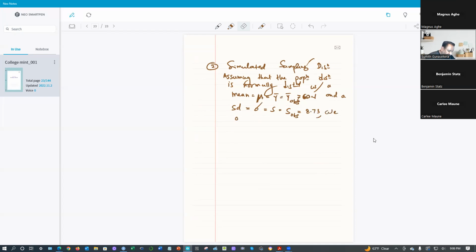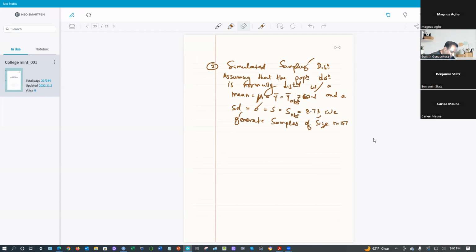We generate samples of size n equals 157. I'm going to extract samples from the population.